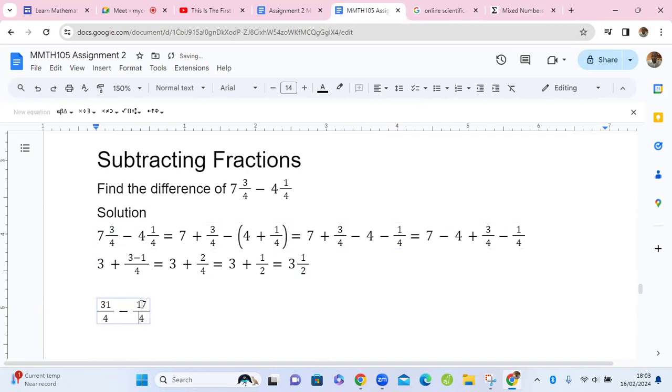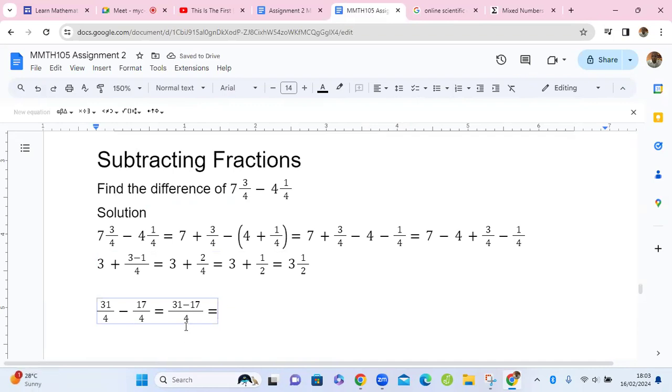And then we subtract the improper fractions. Because the denominator is already common, we keep it and we simply subtract the numerators. So 31 subtract 17.